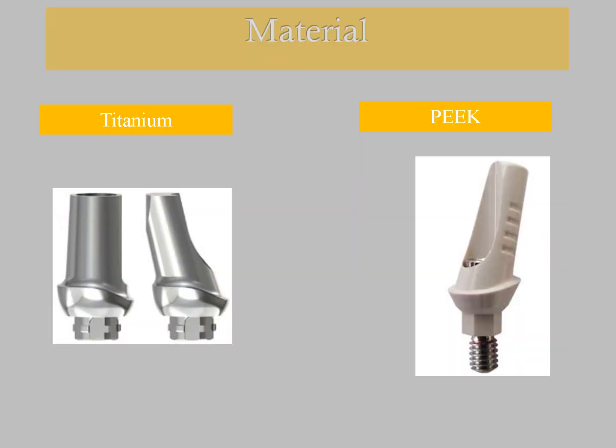Also the material itself, like PEEK, for aesthetic options. If you have anterior teeth and we go for E.max, we don't want metal underneath to make a shadow, so we use PEEK or zirconia abutments, and we'll talk about that later.